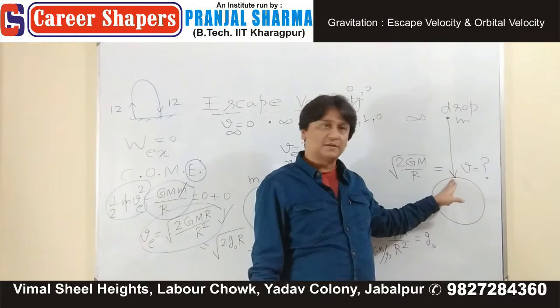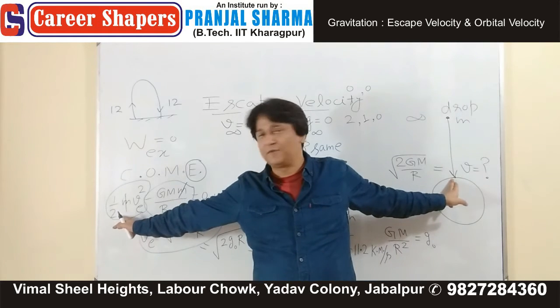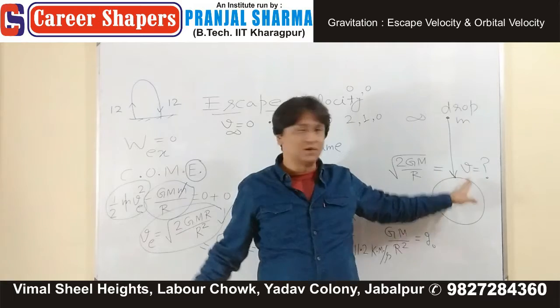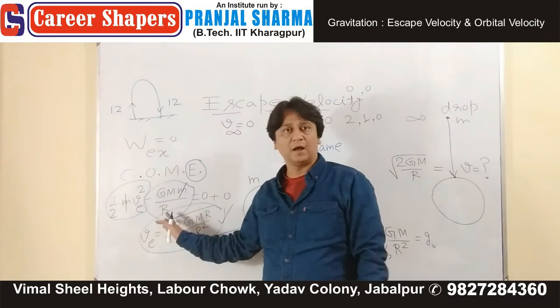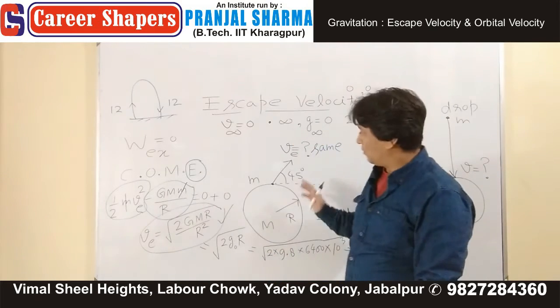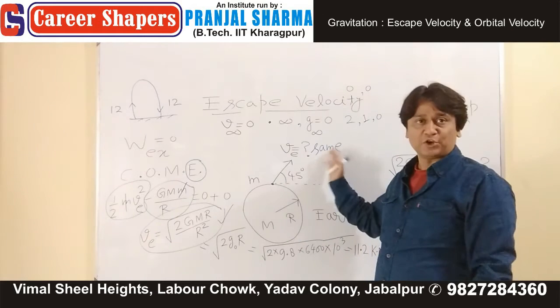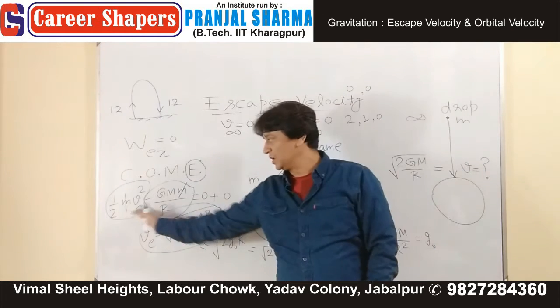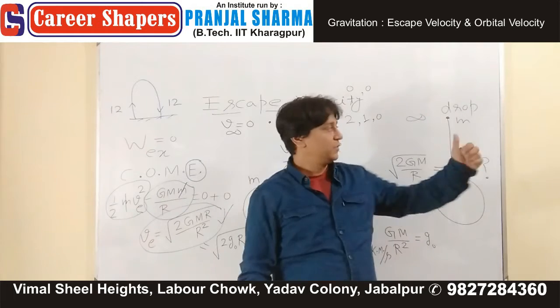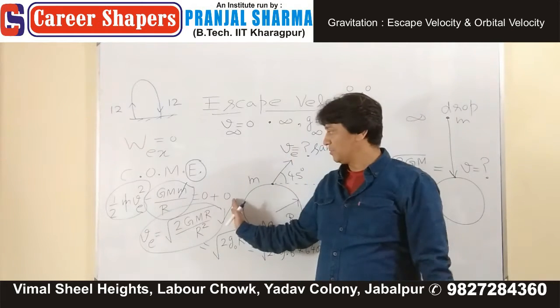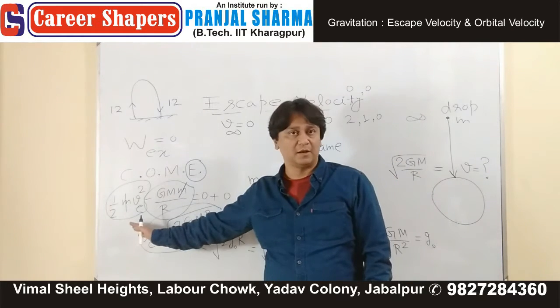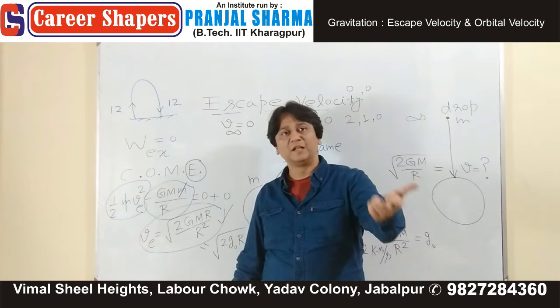When it hits the surface of Earth, kinetic energy is half mv square. Potential energy is minus GMm by r. So when we developed the function of V, this was initial, this was final. For this question, this side becomes initial, this side becomes final, but your result remains the same.